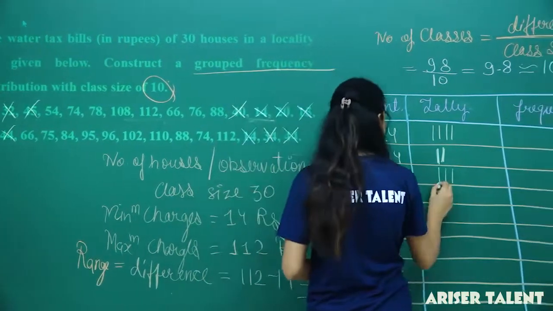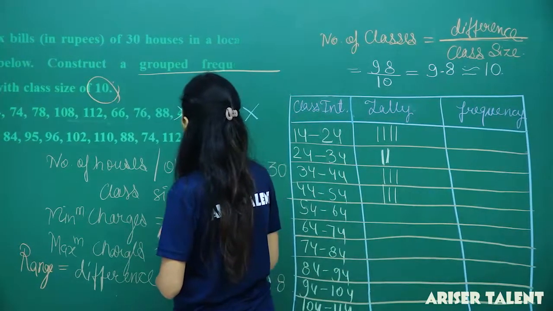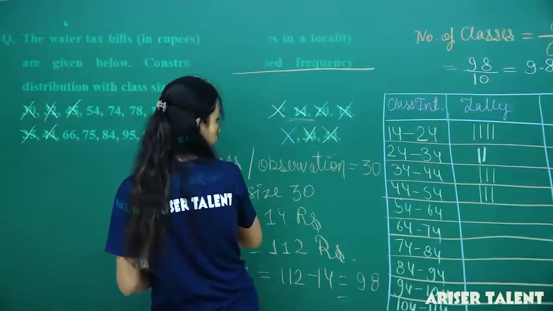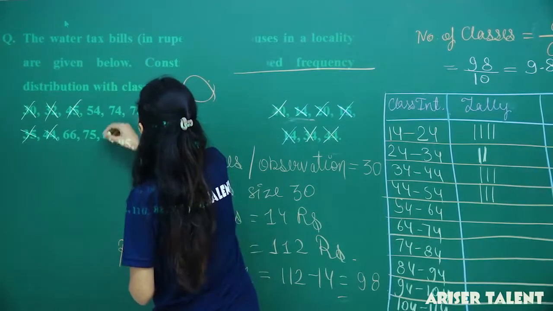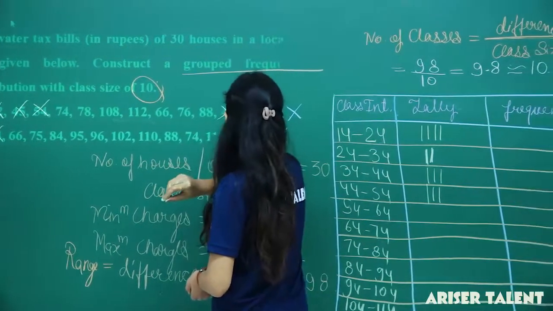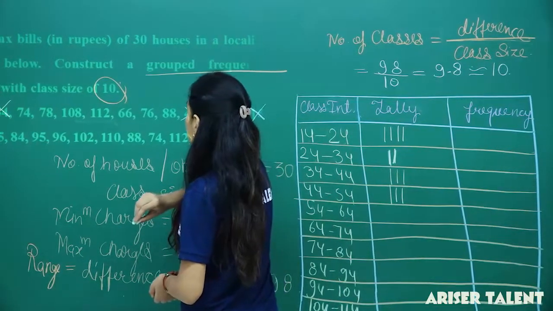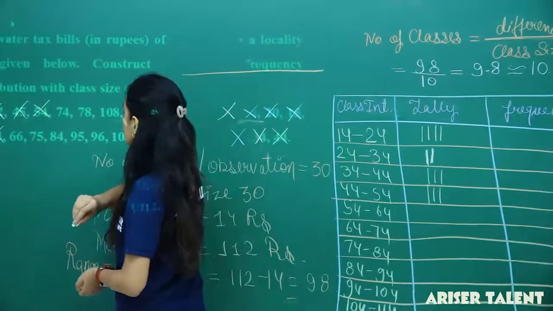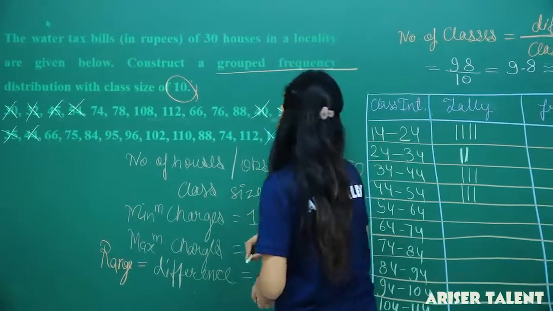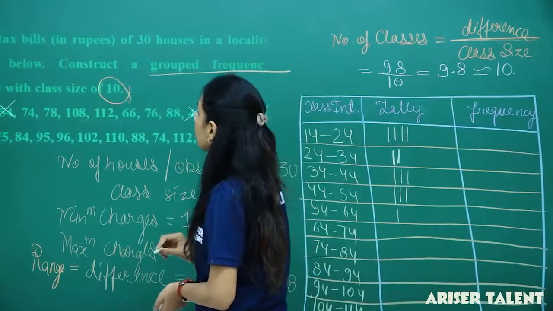So 3 are there. Okay. Now 54 to 64. So 54s are included. Only one. Okay.